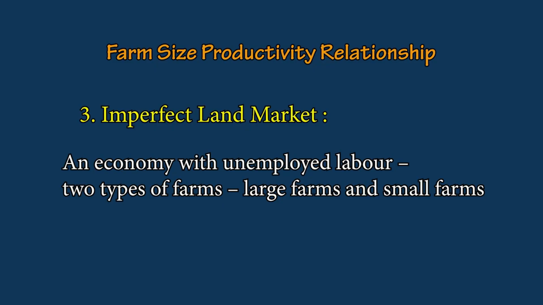The third factor that determines the relationship between farm size and productivity is imperfect land market. Now, as we all know, in most of the developing economies, agriculture is characterized by the existence of unemployed labor.